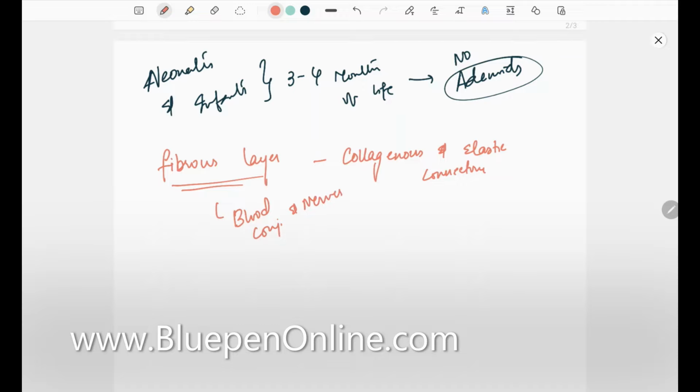So the blood vessels and the nerves are present in the fibrous layer, and this fibrous layer blends with the Tenon's capsule at the limbus of the eyeball.